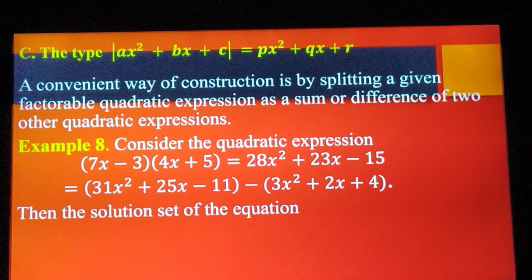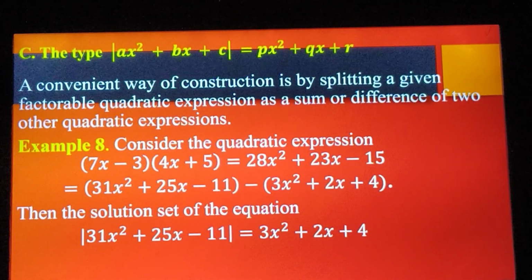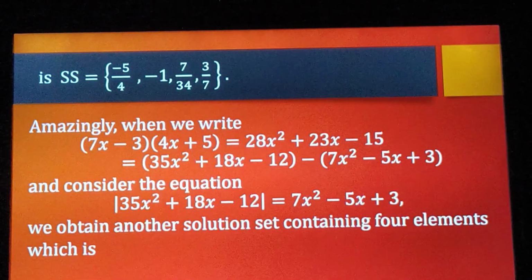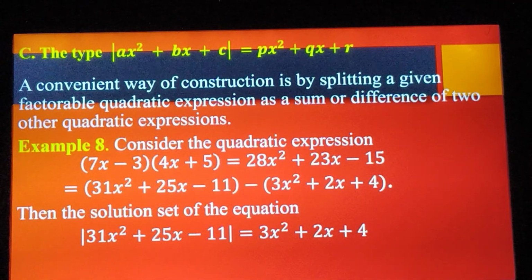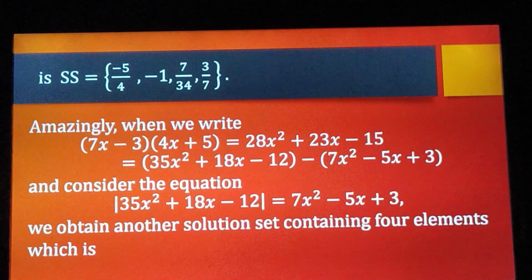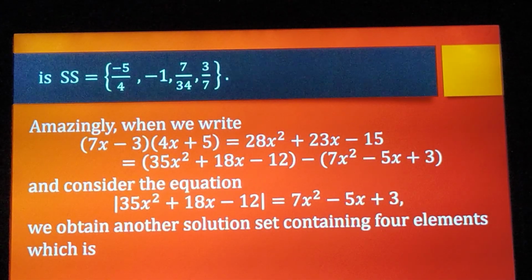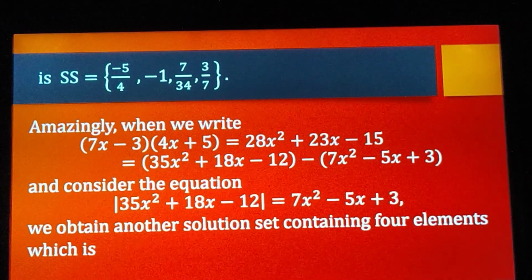And from this, we construct the equation absolute value of 31x squared plus 25x minus 11 equals 3x squared plus 2x plus 4, whose solution set is the set containing the elements negative 5/4, negative 1, 7 over 34, and 3 over 7.